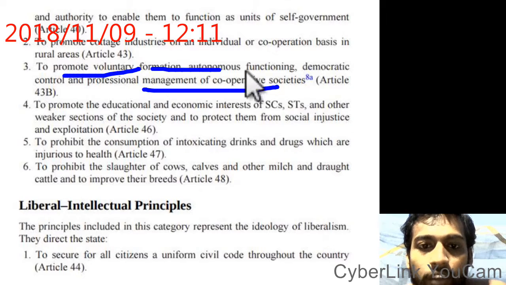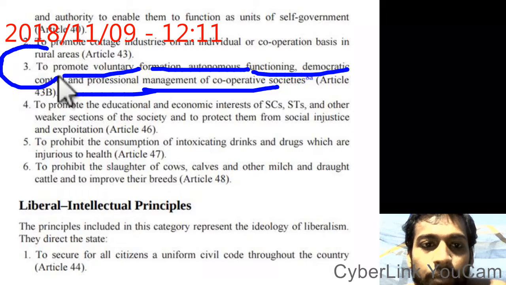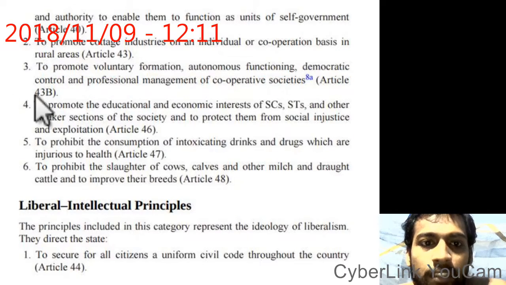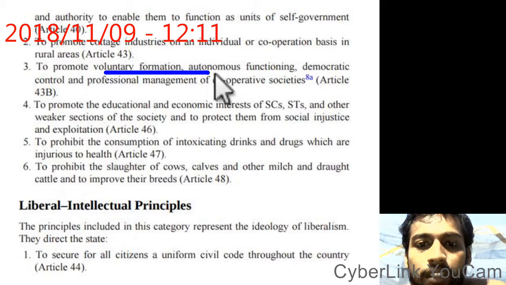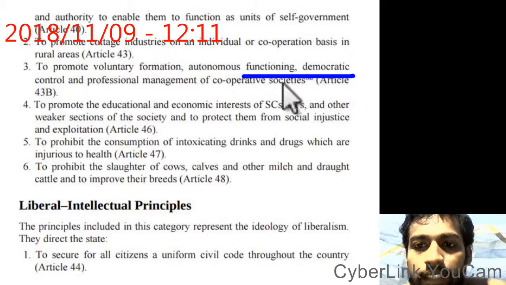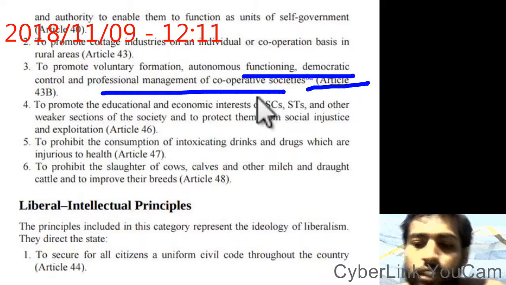Please remember, voluntary formation, autonomous functioning, democratic control, professional management, and cooperative societies, Article 43B.